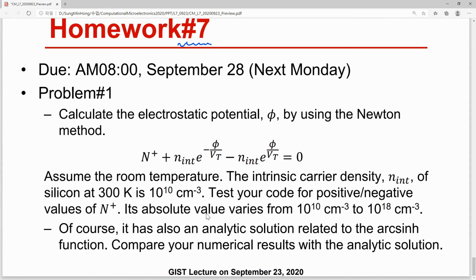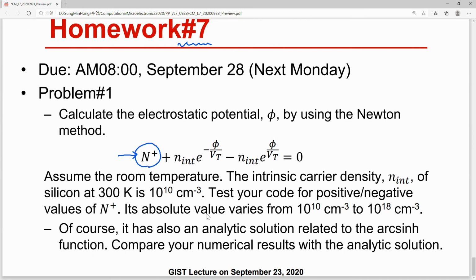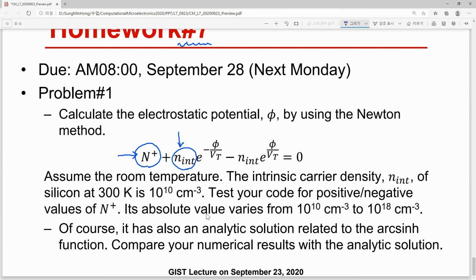In order to make it a physical problem, let's introduce some physical meaning. So this is our equation, and here n plus is interpreted as the positively ionized doping density. And this one is interpreted as your intrinsic carrier density.